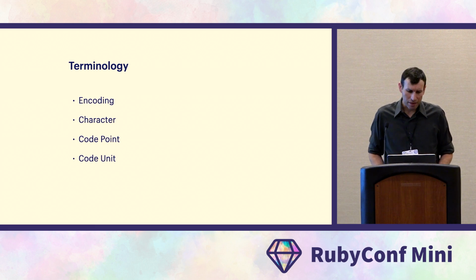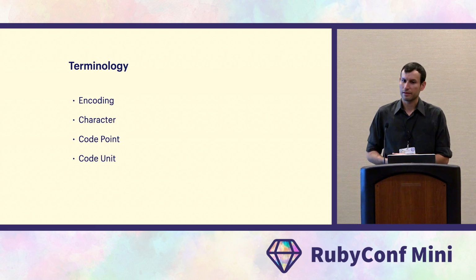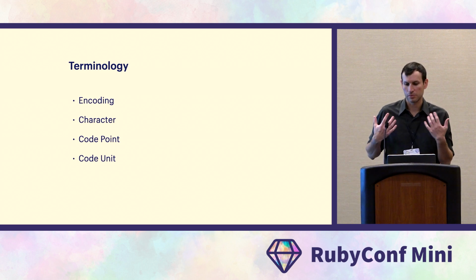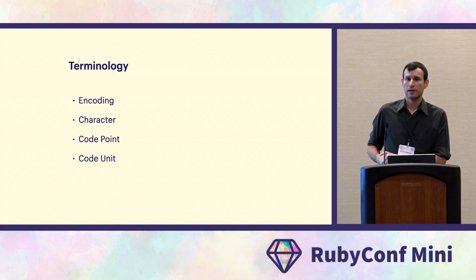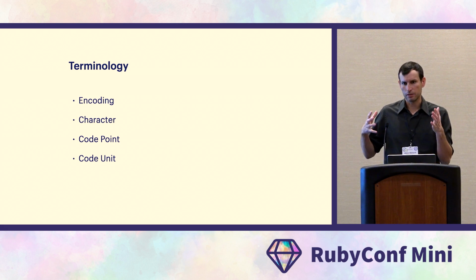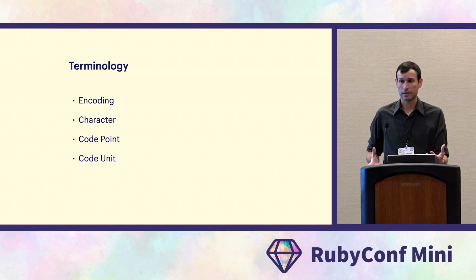Character, that really is a difficult one. We have printable and non-printable characters. Anything that you can put in a string, we'll just call a character. So it includes all the major writing systems, punctuation, digits, and so on. Then we have code points. And if an encoding is a map of bytes to characters, then it stands to reason that an encoding has a set of valid characters.